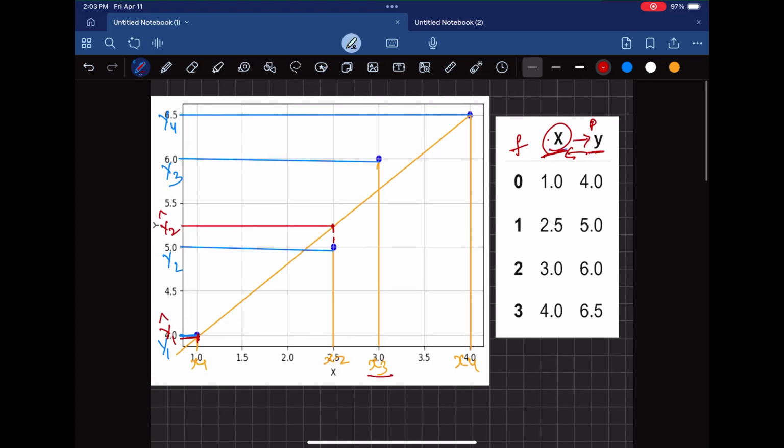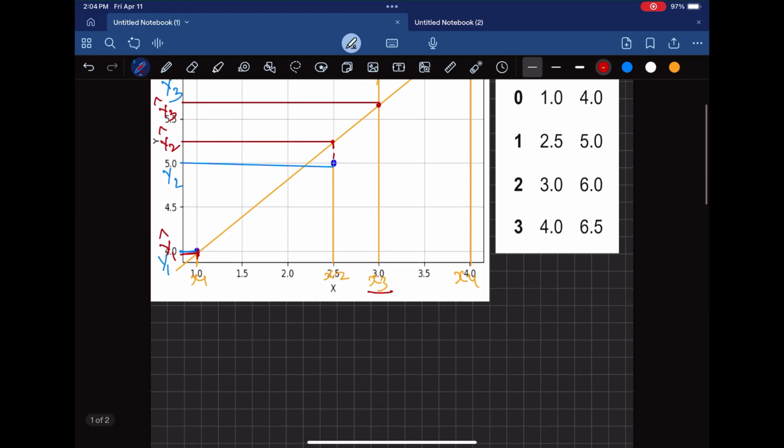At x3, it touches my line here, so this is my predicted y3 hat. The x4 touches my line here, where my actual y4 already is, so y4 hat.